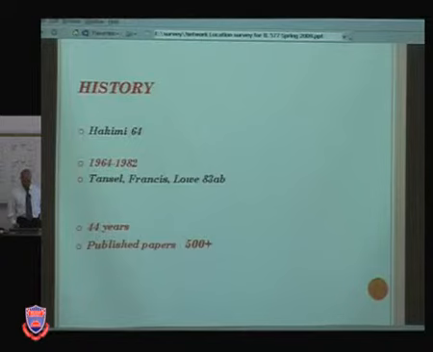So since 1964, it's been 44 years, and during these years, the number of papers that have been published in this area is in excess of 500. Actually, if you go through a Google search, of course, you'll obtain 5,000 or probably more. But when you actually filter them out and directly look at the ones that deal with either mathematical programming procedures or analytical procedures, it boils down to approximately somewhere between 500 and 600. Okay?